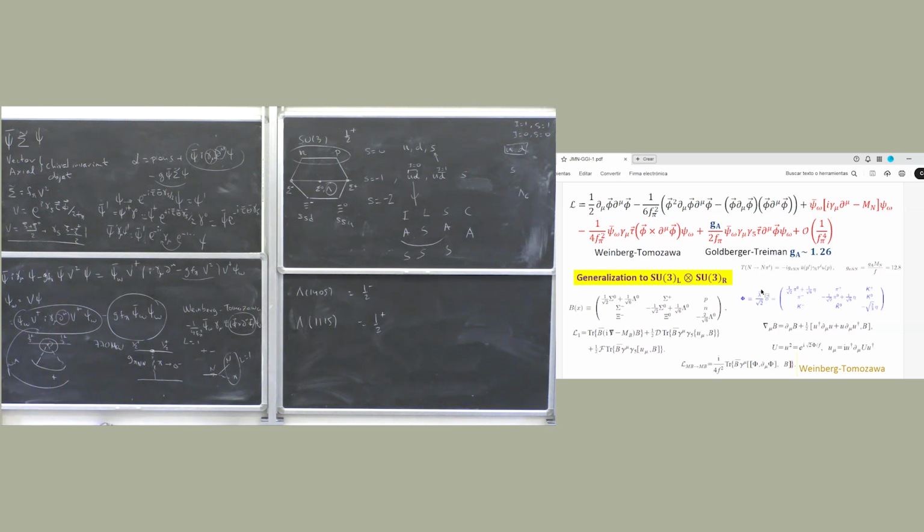This is called a P-wave resonance. Why is it called a P-wave resonance? Because in principle you may have K bar, antikaons. Antikaons have the S quark. Kaons have the S bar quark.